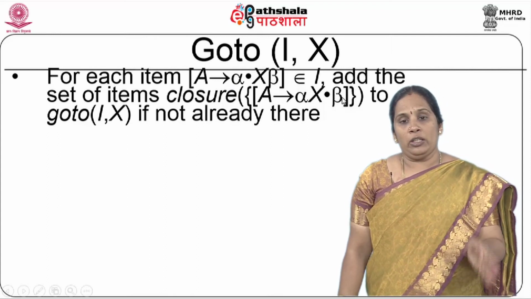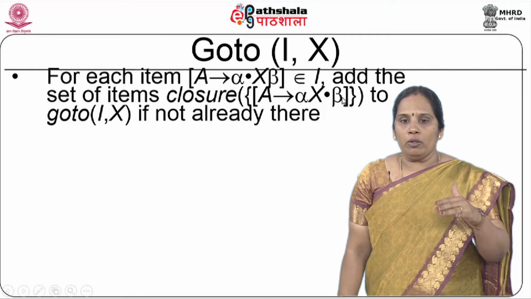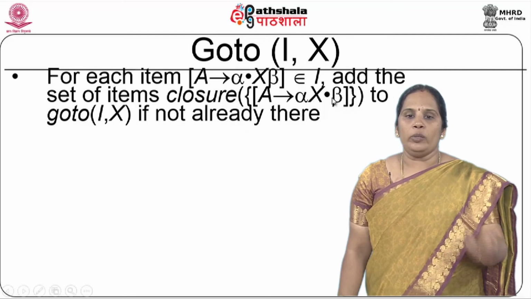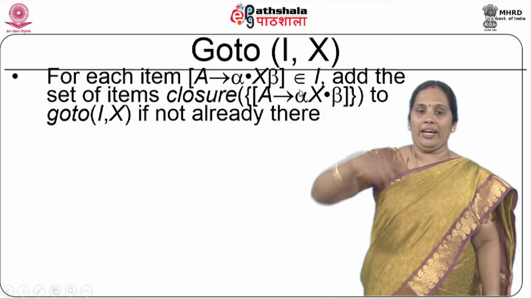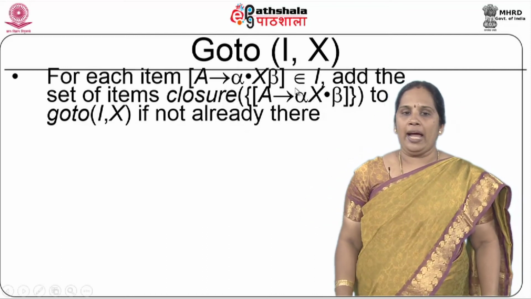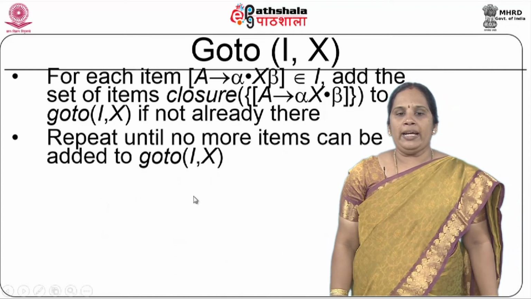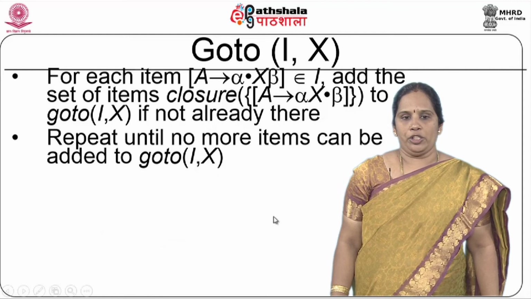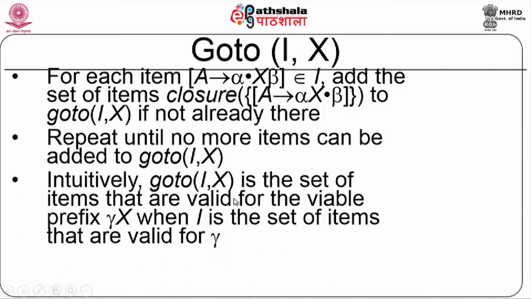If beta begins with a non-terminal, then I have to call closure, which is nothing but adding the productions of beta with a dot in the beginning, and I have to keep on iterating until no more new items can be added. So, repeat until no more items can be added to goto of I comma X. So, that is your situation. Intuitively, goto of I comma X is the set of items that are valid for the viable prefix gamma X when I is the set of items that are valid for gamma. So, this is the interpretation. We will come back to this in the example.